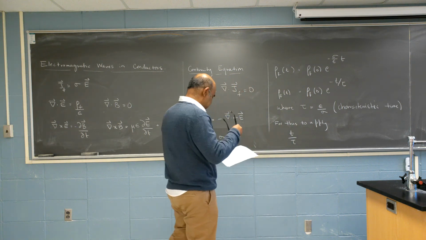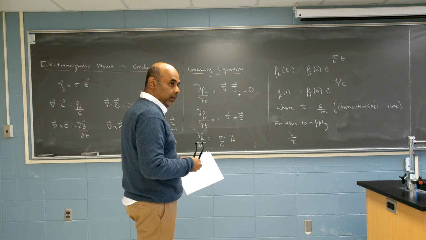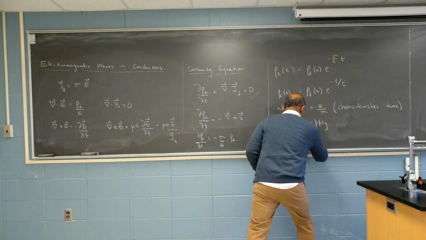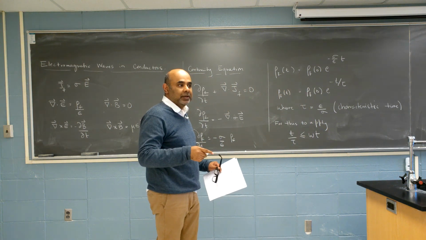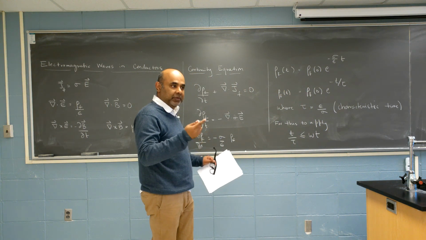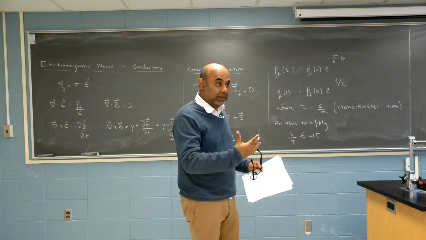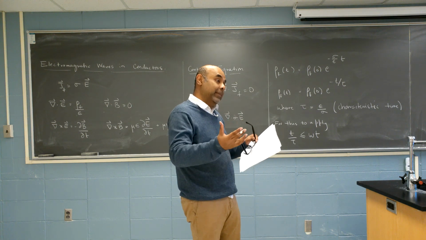and that should be much less than omega t, because electric fields oscillate with some frequency omega. Now mind you, we have considered only plane waves. In general, an electromagnetic wave is made up of many omegas.